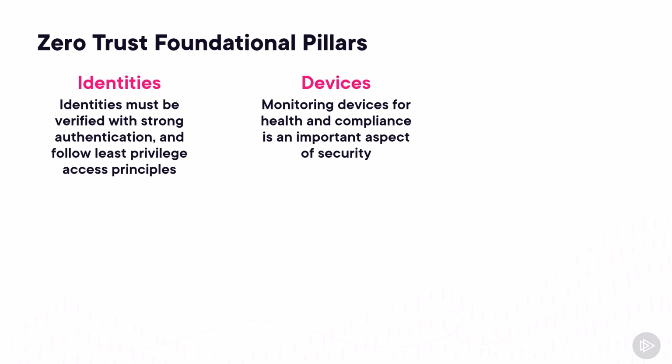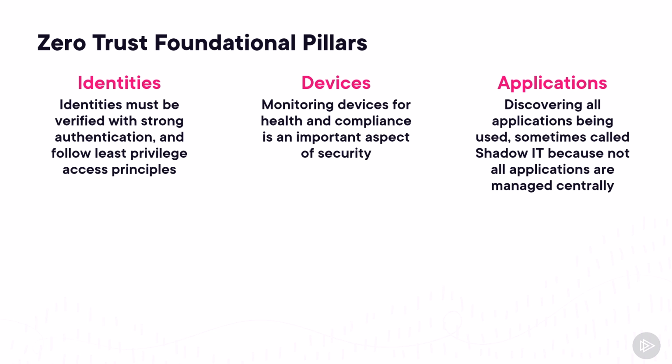Third is applications. Applications are the way that data is consumed. This includes discovering old applications being used, whether they're enterprise applications or applications that shouldn't be allowed, and we often call this shadow IT because not all applications that people in your organization use are managed centrally.